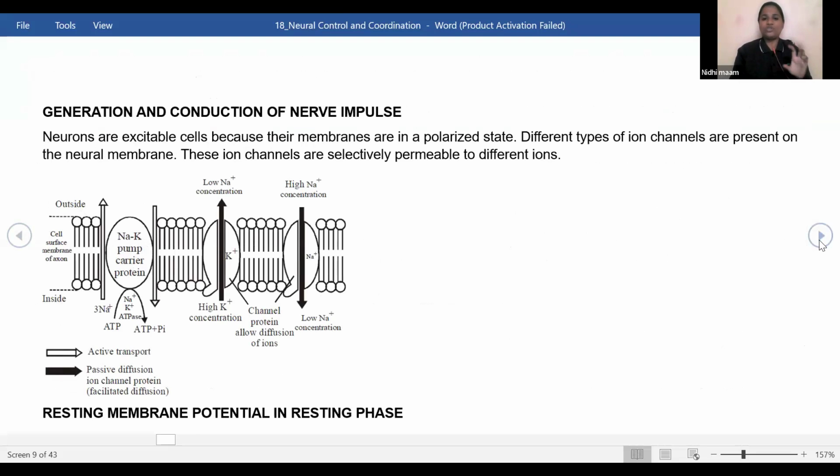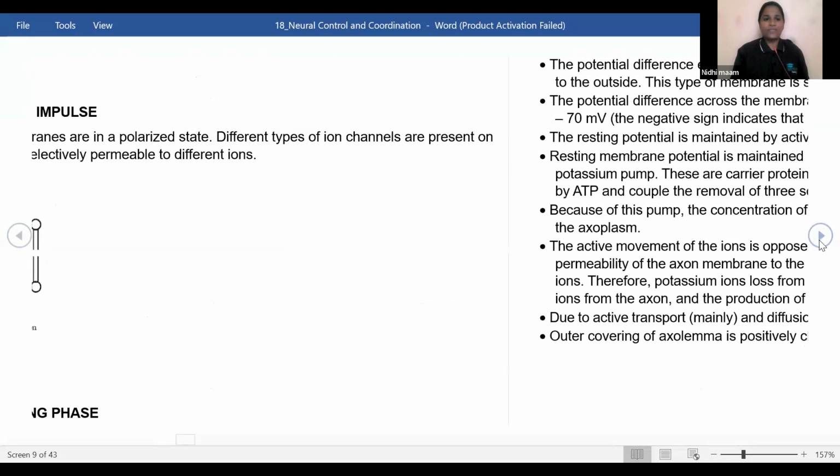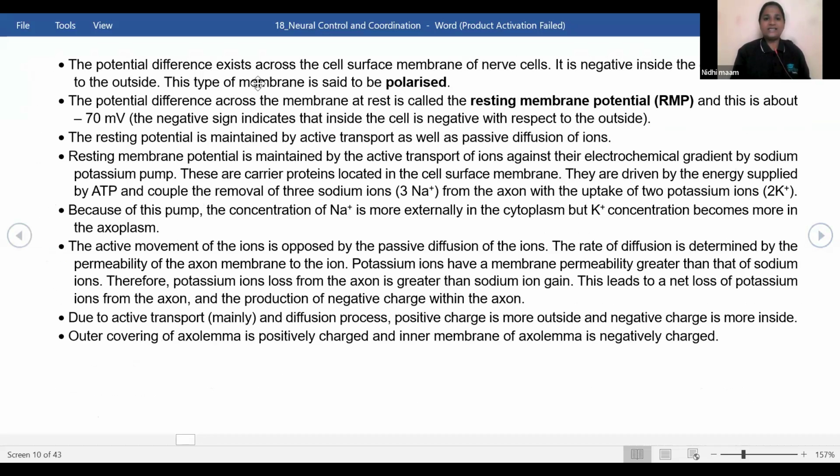These ion channels are selectively permeable to different ions based on the function of the neuron, right? The potential exists across the cell surface membrane of the nerve cell. It is negative inside the cell with respect to outside. When it is negative, the membrane is called polarized. This potential difference is called the resting membrane potential. It is minus 70 millivolts. Okay, fine. Now let us proceed with the question.